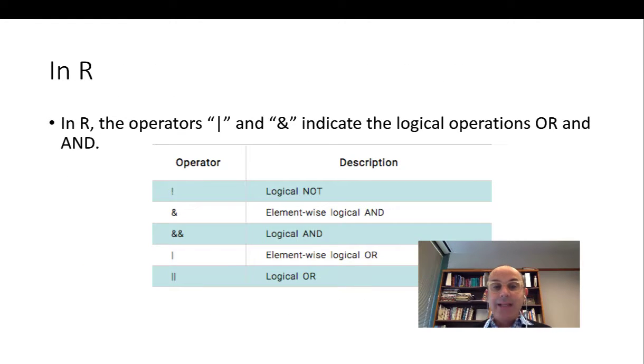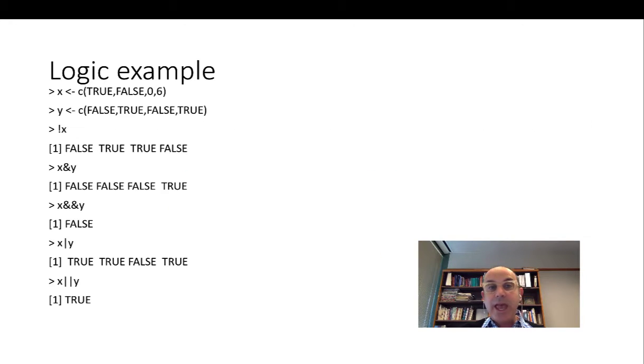So this is the structure. This is where we are going to make our arguments with regard to logic and the conversion of the statement that we are making with the operators that we have. For example, we have TRUE, FALSE, 0 and 6.